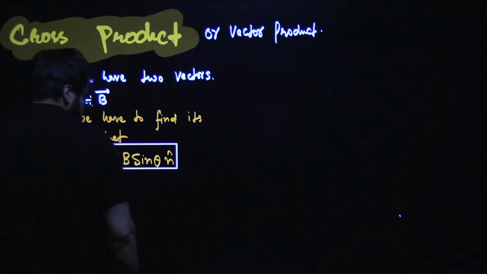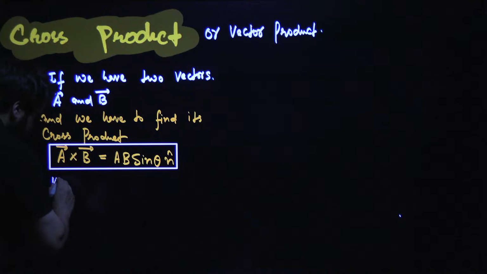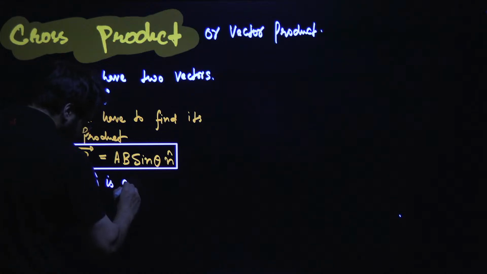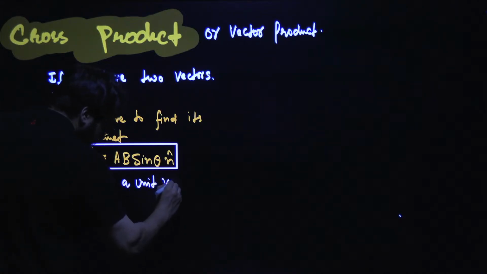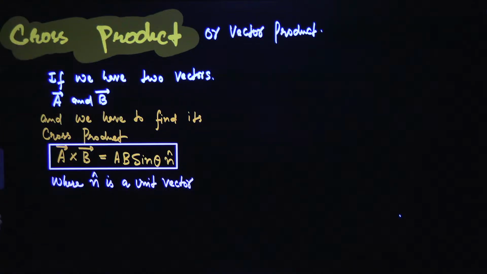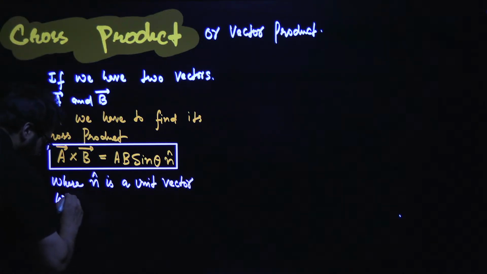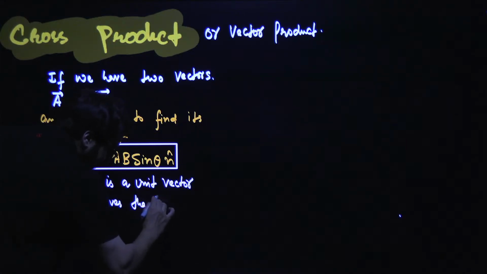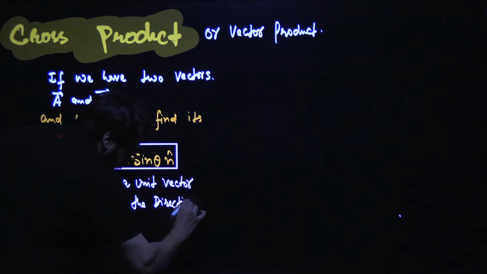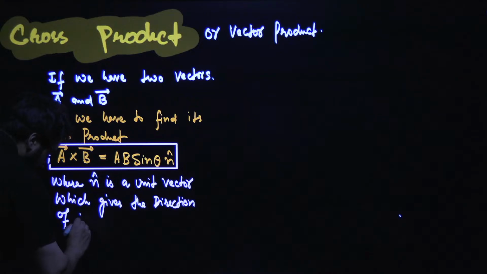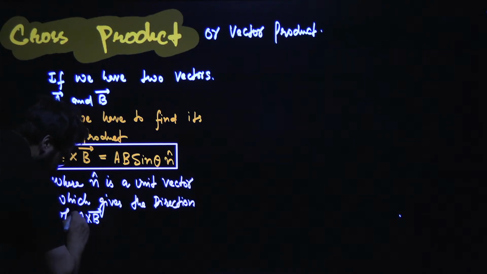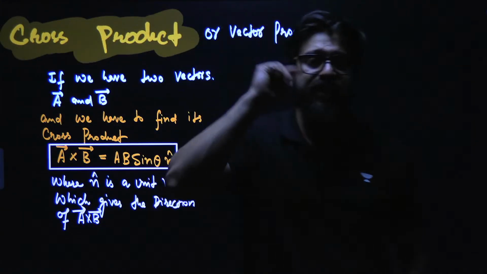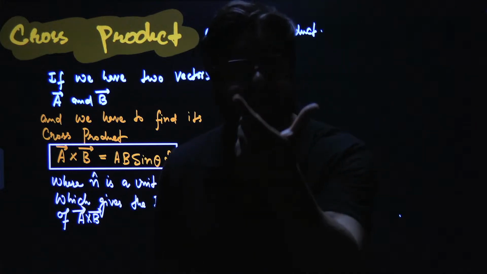I'll write where n cap is a unit vector, which gives the direction of A cross B. Sir, in the previous case, you didn't mention the direction of A dot B, because A dot B is a scalar product.